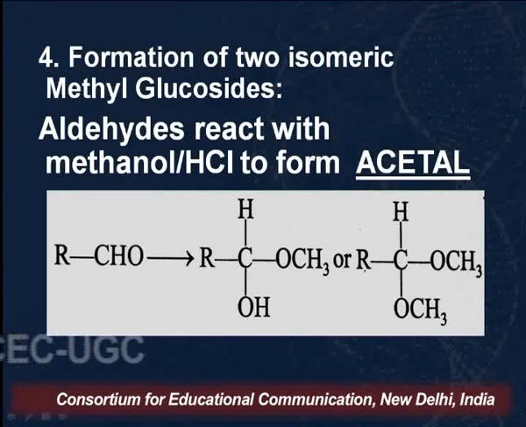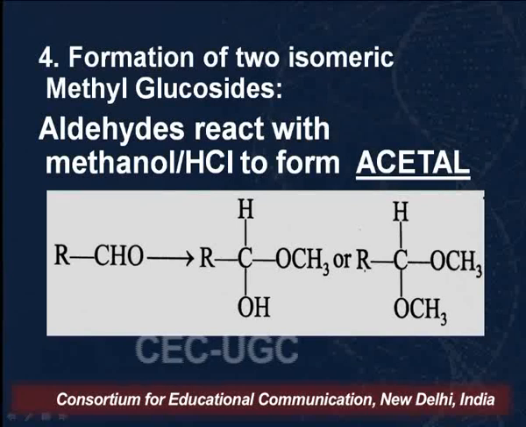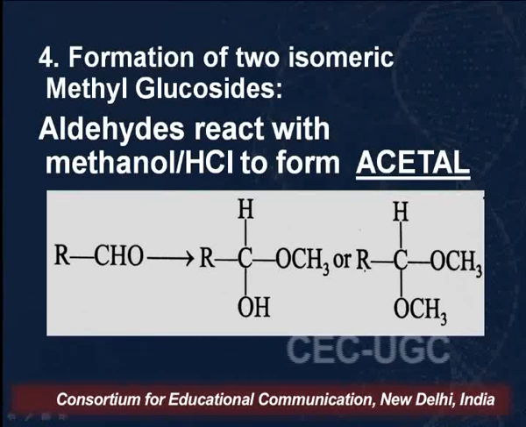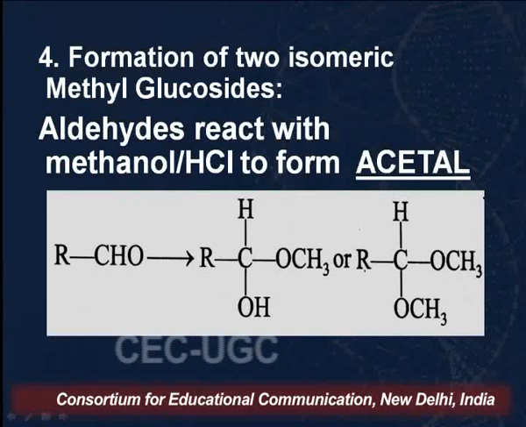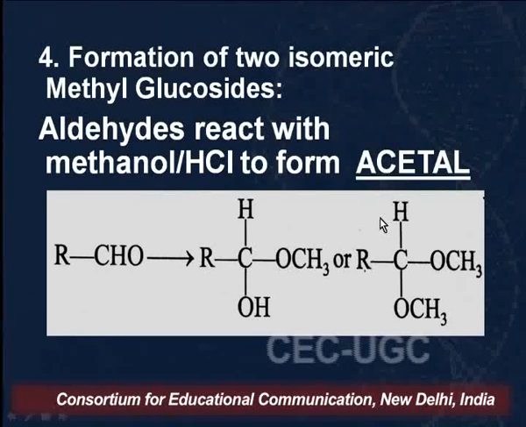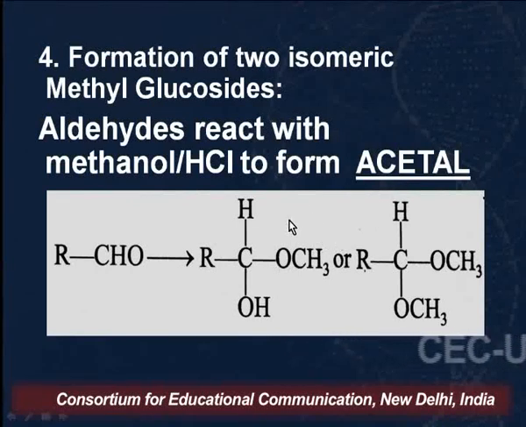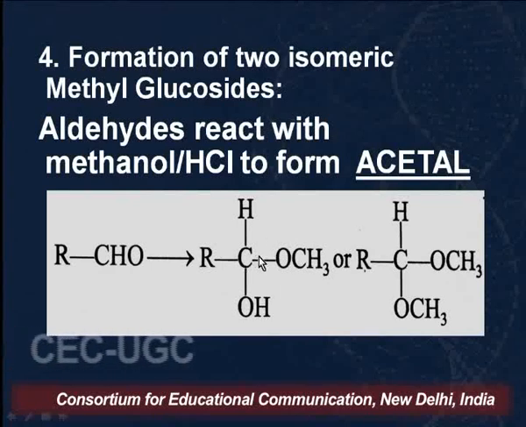And you also know that if a molecule has an aldehyde group, it reacts with alcohol to form a hemiacetal, and it reacts with excess of alcohol in presence of HCl to form an acetal. Now, what is a hemiacetal? A hemiacetal is a molecule in which an alkoxy group and a hydroxyl group are attached to the same carbon.